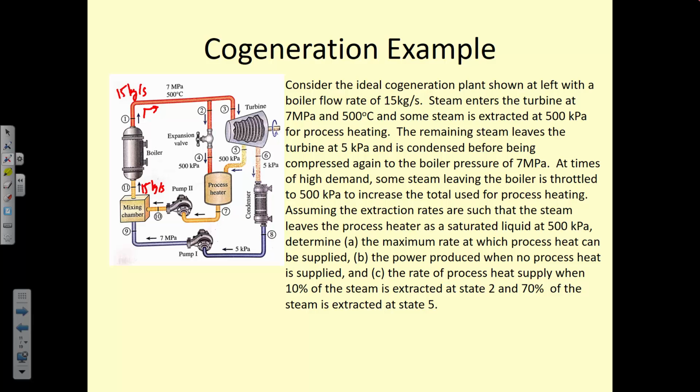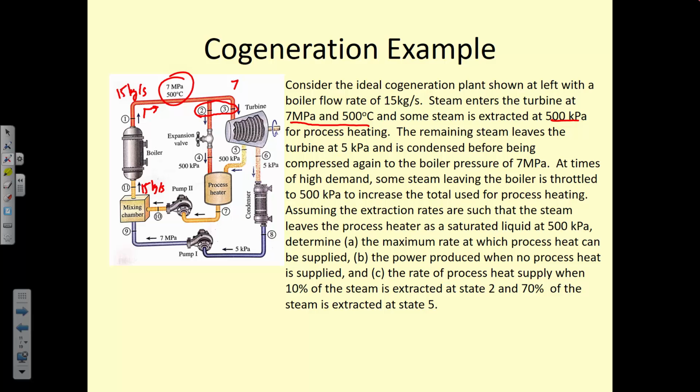Okay, so steam is entering the turbine at 7 megapascals and 500 degrees Celsius. So that's this temperature and pressure here. It's also going to be that same temperature and pressure here. So state 1, state 2, and state 3 are all at the same temperature and pressure.